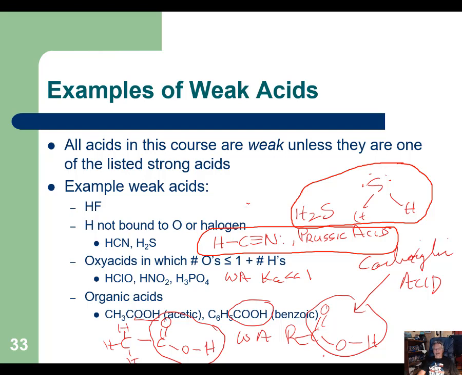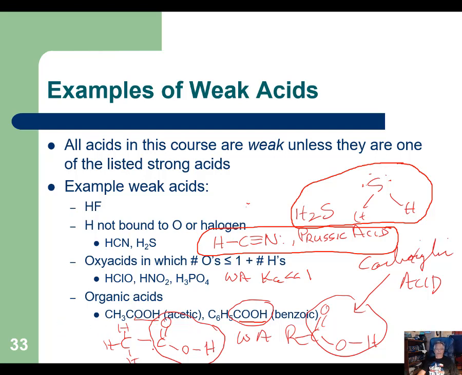Carboxylic acids have this feature, the COOH, which in the Lewis structure is actually what you see here. And so these are weak acids. They partially ionize. You actually have carboxylic acids that exist biologically in the form of amino acids.